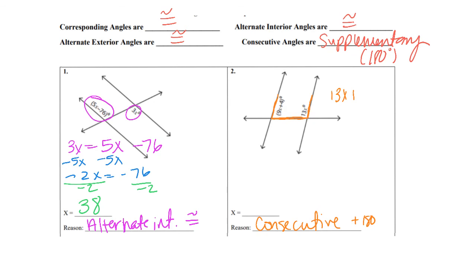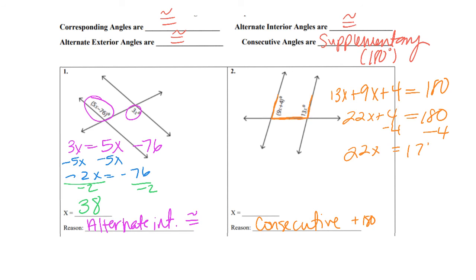So 13x plus 9x plus 4 is going to equal to 180. 13x plus 9x is 22x plus 4 equals 180. Minus 4 on both sides, 22x equals 176. Divide by 22 is 8. Hopefully this is making a little bit of sense to you.